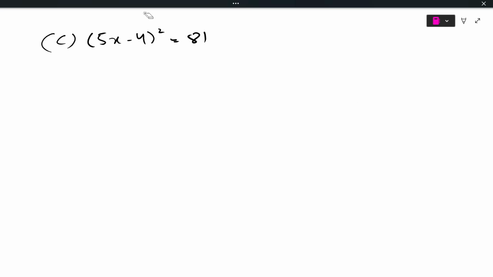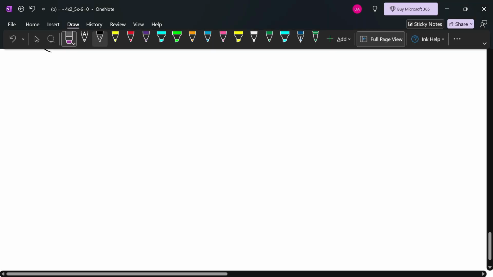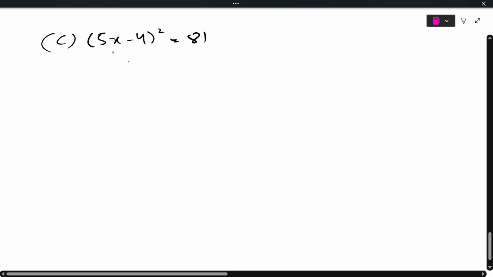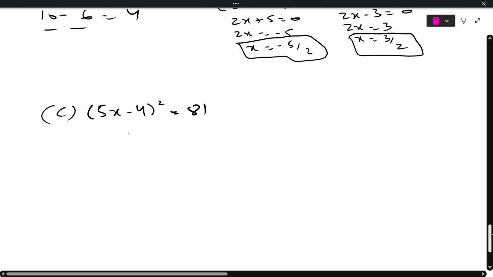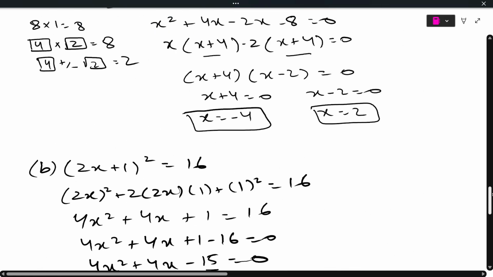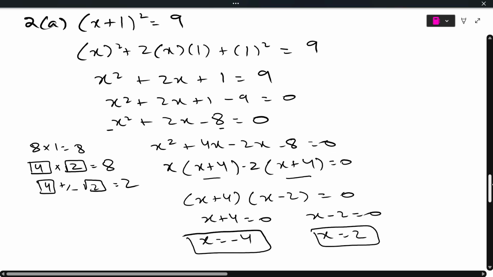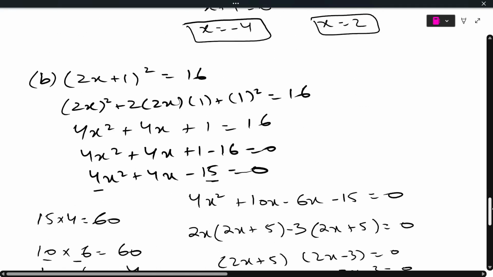Now I'm going to explain a very easy way to solve these kinds of questions, and you can use the same method for part A and part B also, and that method is also correct, and you're going to get the same answer, right?